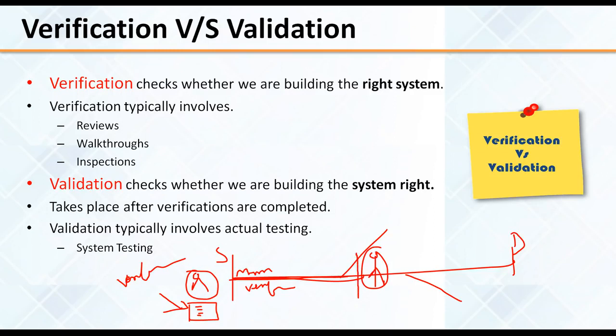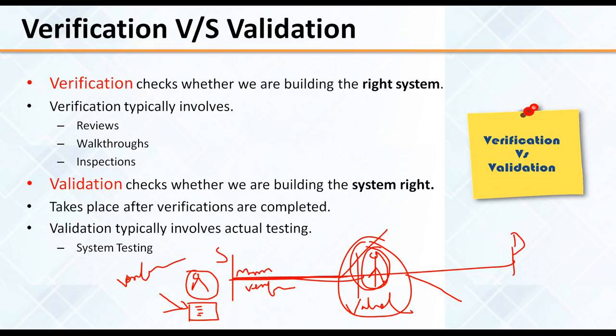Now again we need to check whether the path I traveled is correct, or am I going in the wrong direction. So that we need to verify. So this is validation. By this time the software is ready.